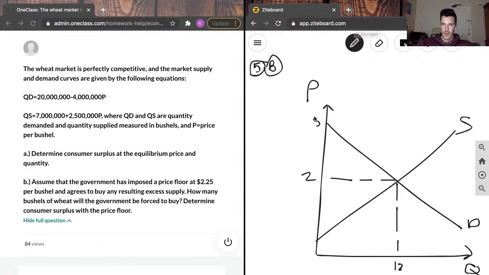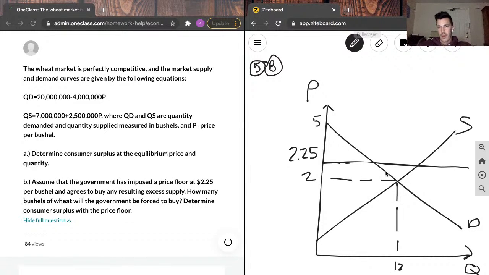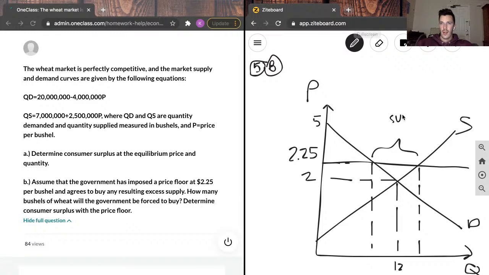This was 5. But now the price floor has been set, a straight line, at $2.25. And when a price floor is in effect, the quantity demanded is going to be less than the quantity supplied. And as a result, we are going to have a surplus.